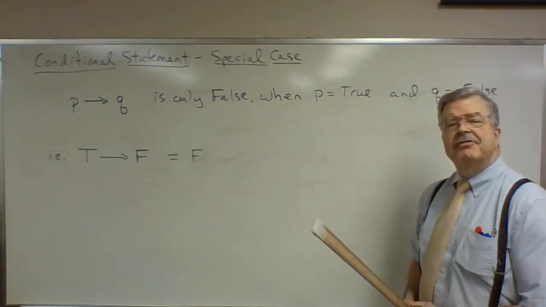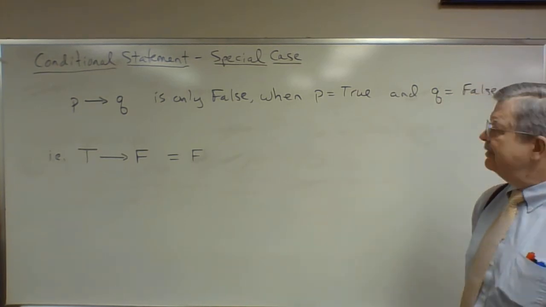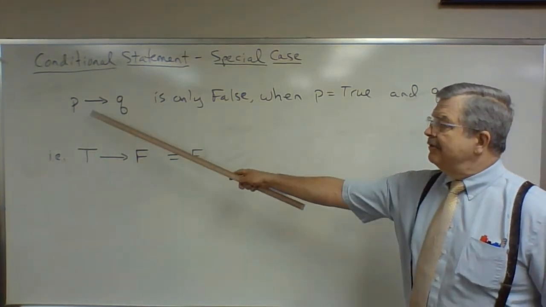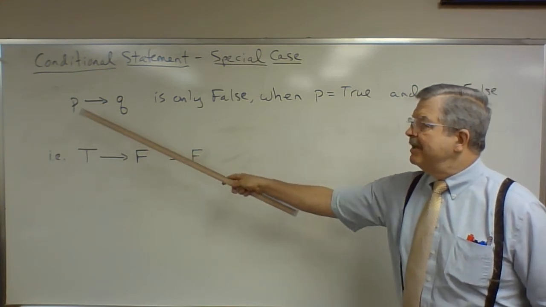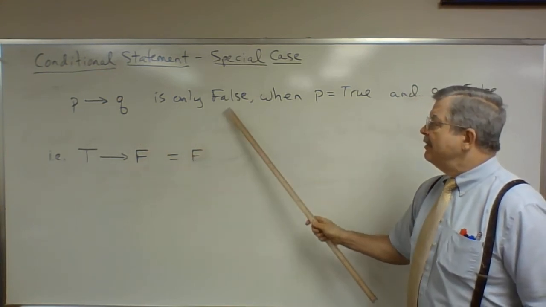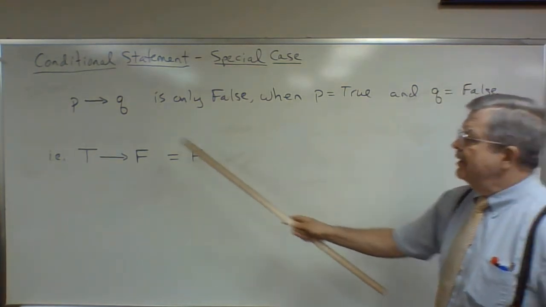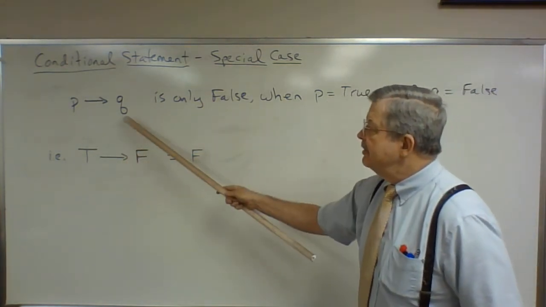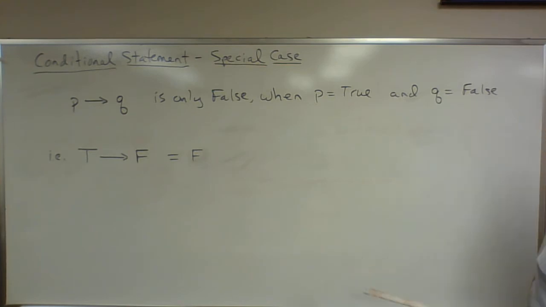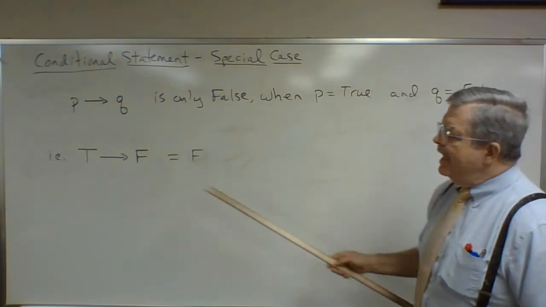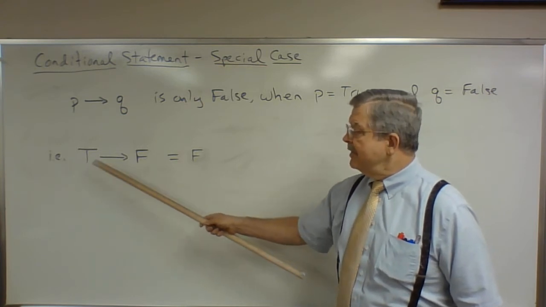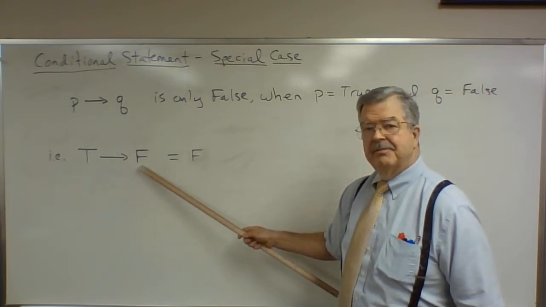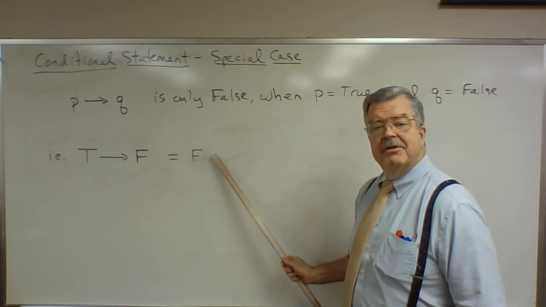Okay, here's our special case for the conditional statement. The conditional statement P implies Q, or if P then Q, is only false when P is true and Q is false. In other words, anytime we have a conditional statement where we have true implies false, the statement is false.